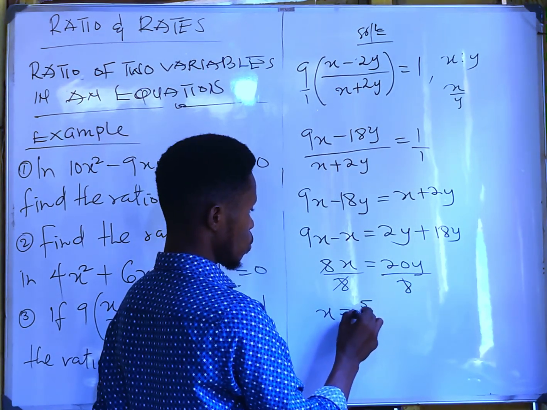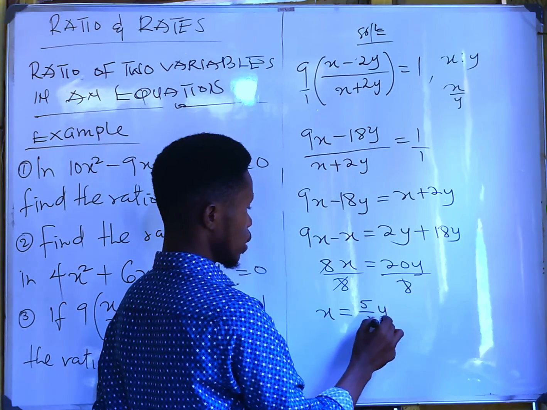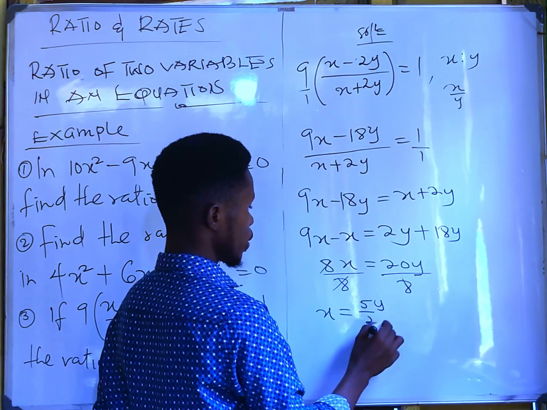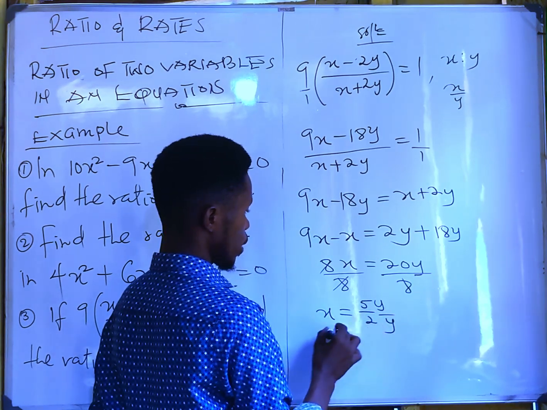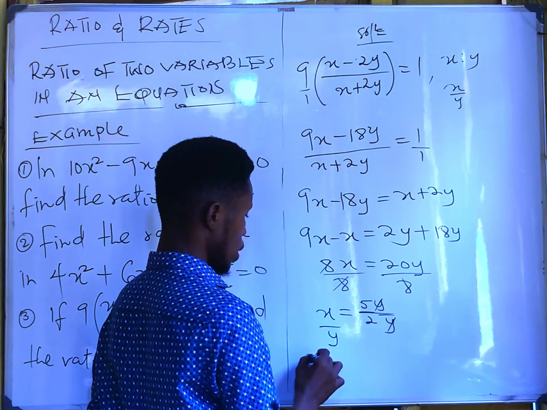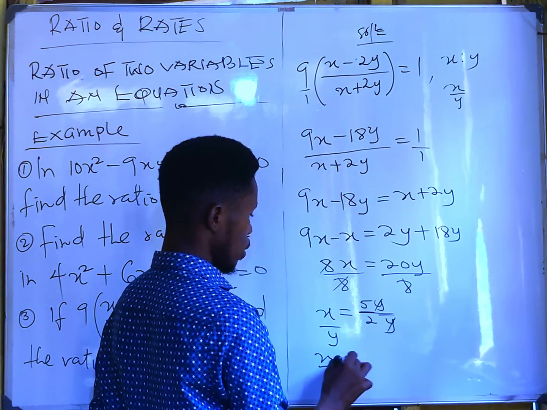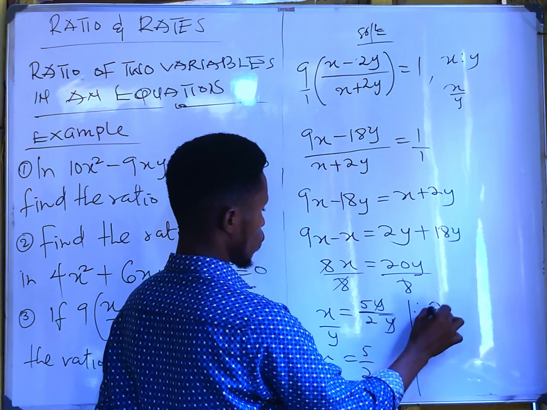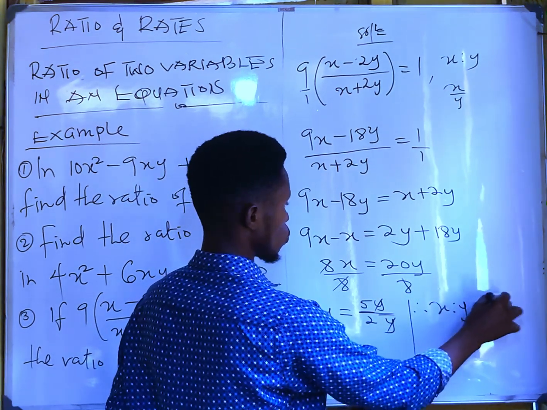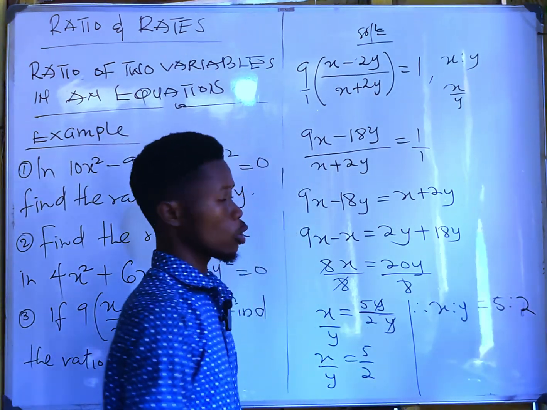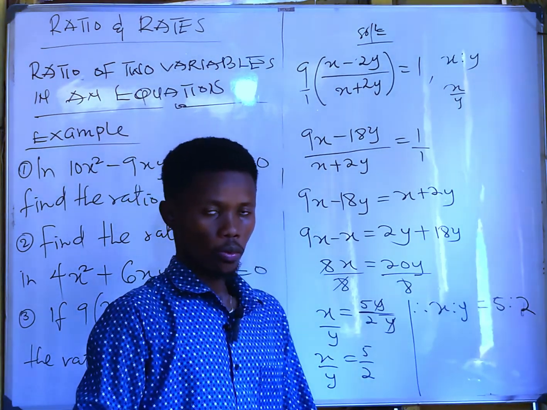So I have 5 over 2y. Now let me divide over by y, here by y, so that this y goes with this. So that I have my x over y equals 5 over 2. So therefore the ratio of x is to y equals 5 is to 2. So I think this is very simple.